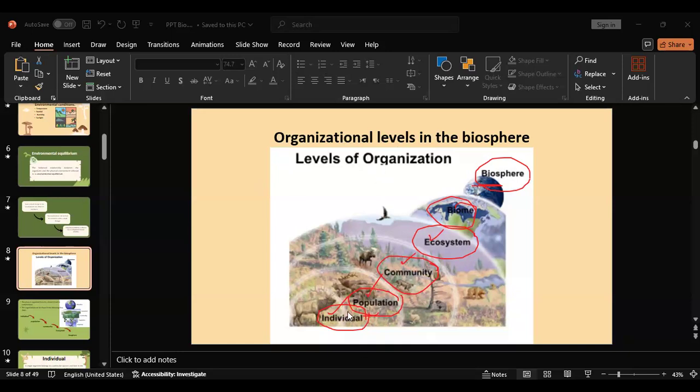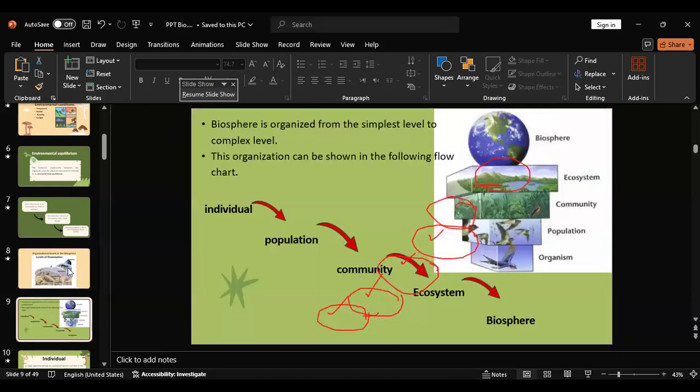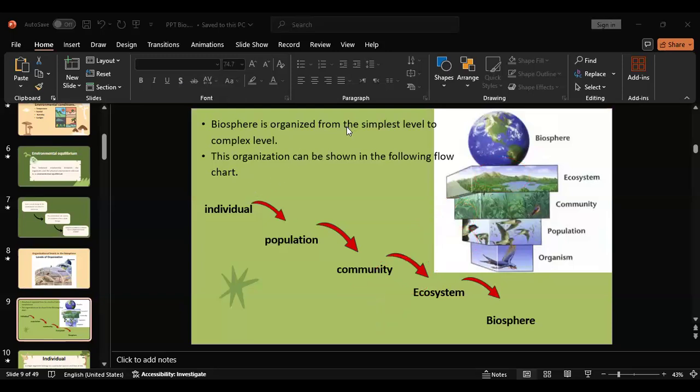The biosphere is organized from the simplest to the complex level. Here the individual is the simplest level, and the biosphere is the most complex level.